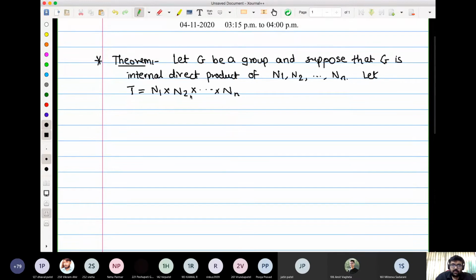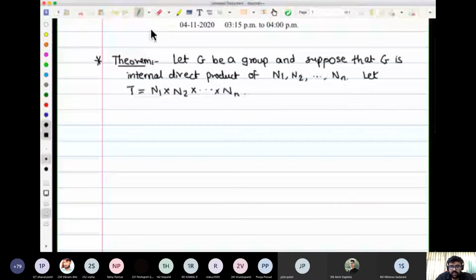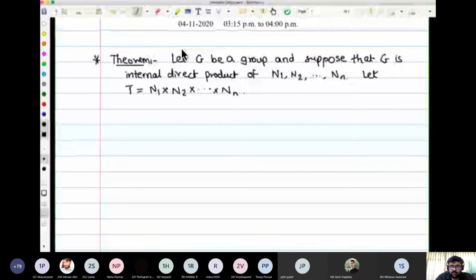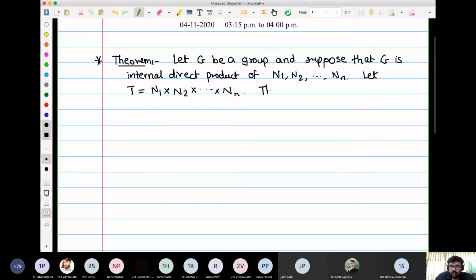And if we consider external direct product, we consider B. Then we have to show that G is isomorphic to T. This is what we are going to prove today.